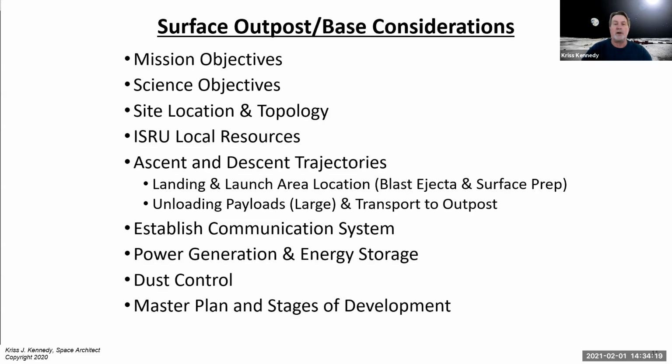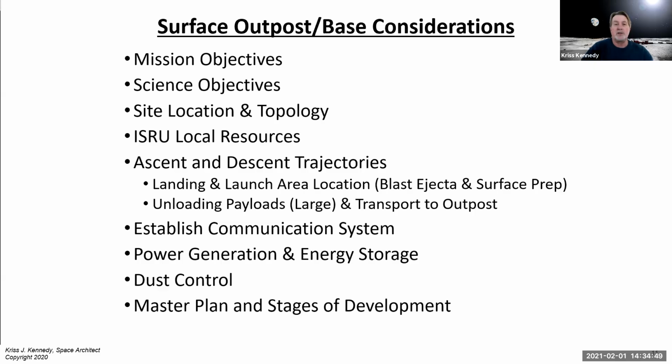So you're coming across the lunar orbit and descending onto the lunar surface. You also will need, obviously, to establish a communication system, ground antennas, and relay systems perhaps as well. Power generation: you've got options, solar dynamics, solar power, or even nuclear options.